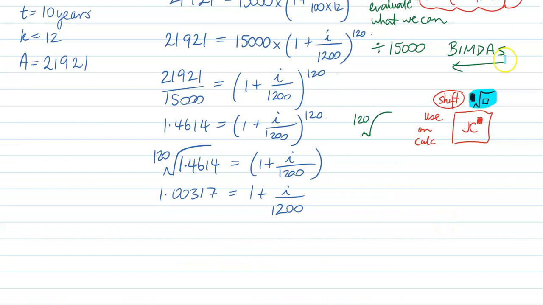Okay, now that we've gotten rid of the brackets, we can start with our reverse BIMDAS again. Now looking at that, do I have an addition or a subtraction? Yes. So I'm going to get rid of the +1 first. Then finally I can move on to get rid of the divided by 1200 division. Okay, so we'll subtract 1.